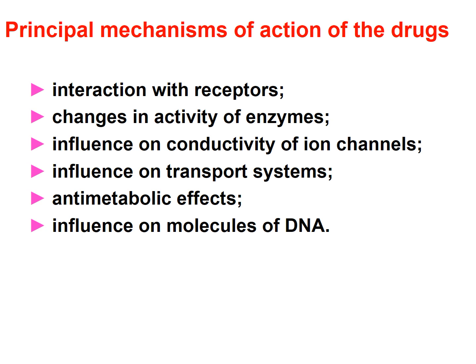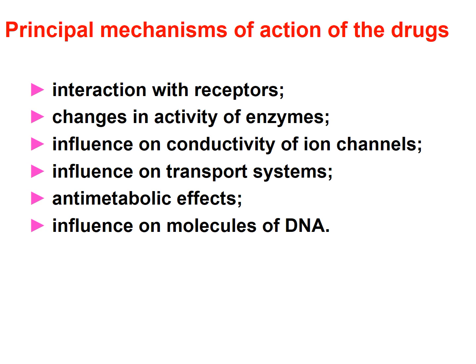Fourthly, drugs may influence specific transport systems which participate in the transport of several substances through cell membranes. For example, we have specific transport systems which participate in the reuptake of some neurotransmitters in the synapse.